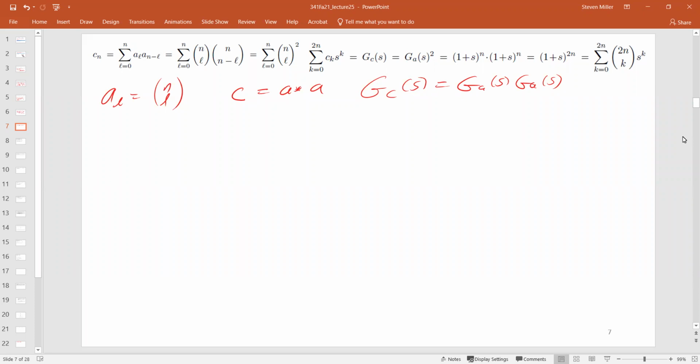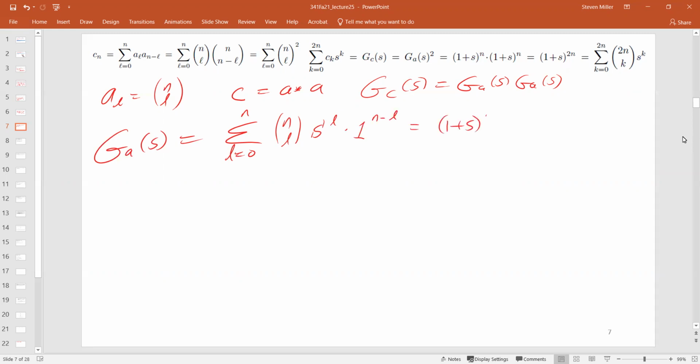And so what is the generating function? So the generating function of A of S is the sum, L goes from 0 to N of N choose L, S to the L, times 1 to the N minus L. So that's just by the binomial theorem.